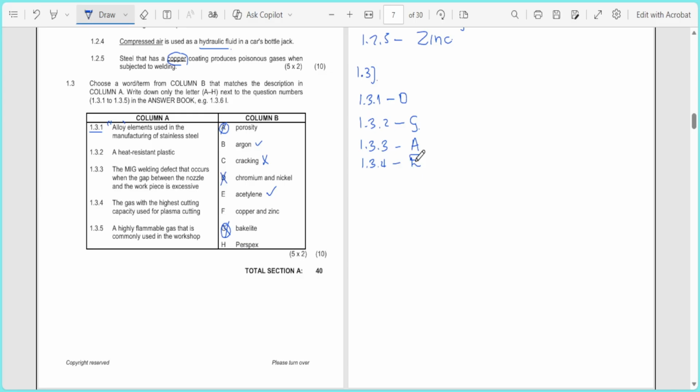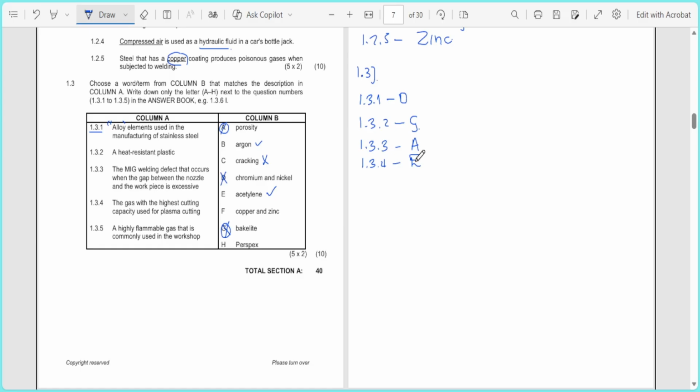While plasma cutting primarily uses compressed air, argon, or nitrogen, the question actually tests the knowledge of thermal cutting capacity, right? So acetylene has the hottest flame temperature of about 3,000 or so of the cutting fuel gases.